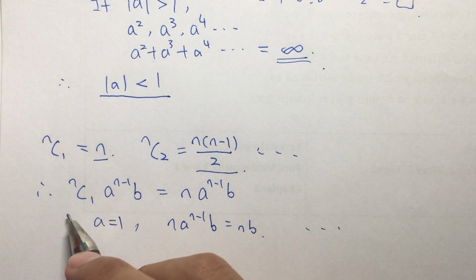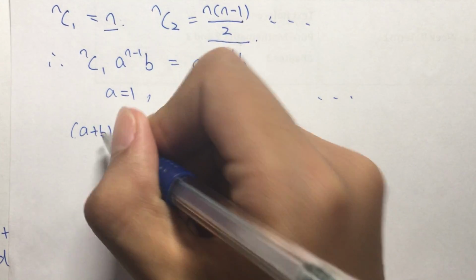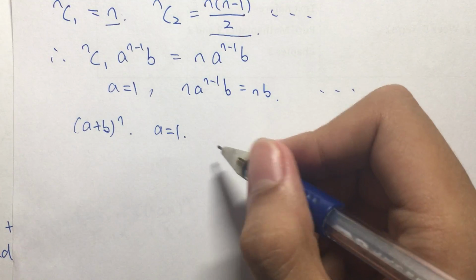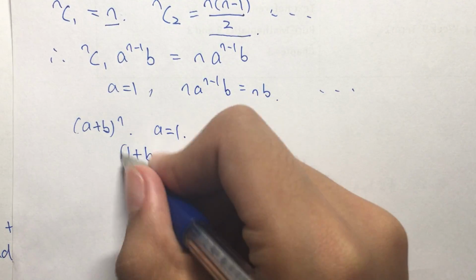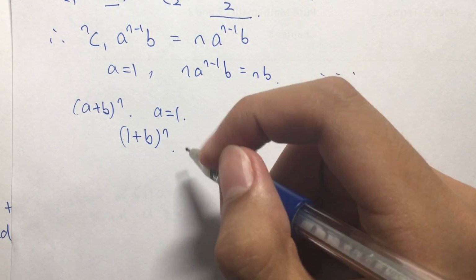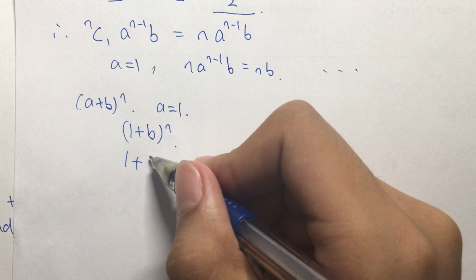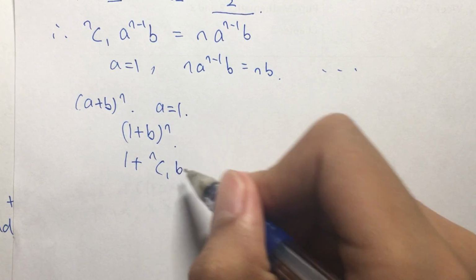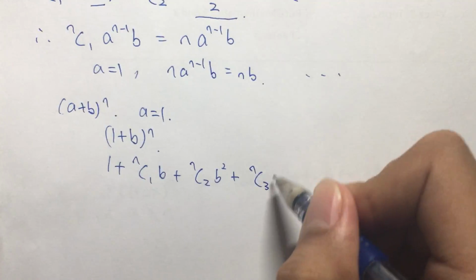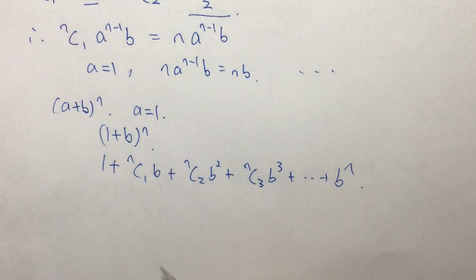So now, for (a + b)^n, let's substitute a equals 1. So we will get (1 + b)^n. And if n is a positive integer, we will have 1 plus nC1 b plus nC2 b squared plus nC3 b cubed and so on up to b^n.